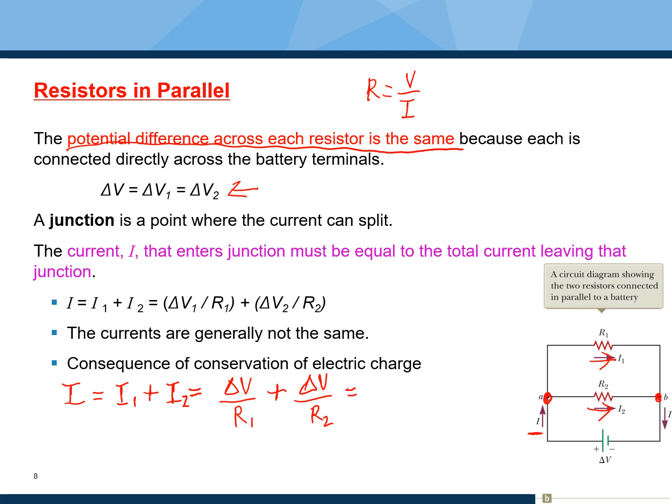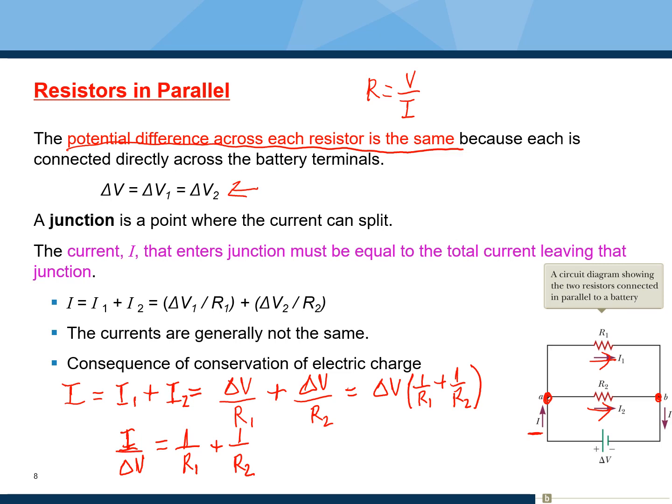So this allows us to write this expression as delta V times 1 over R1 plus 1 over R2. Let's go ahead and massage this equation just a little bit. So we can write I divided by delta V is actually equal to 1 over R1 plus 1 over R2.